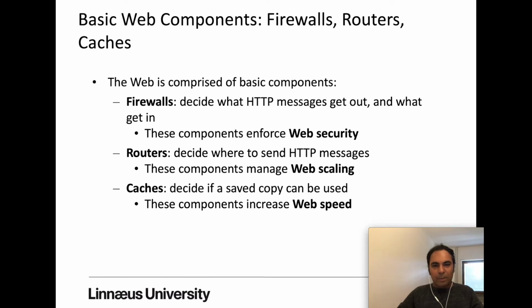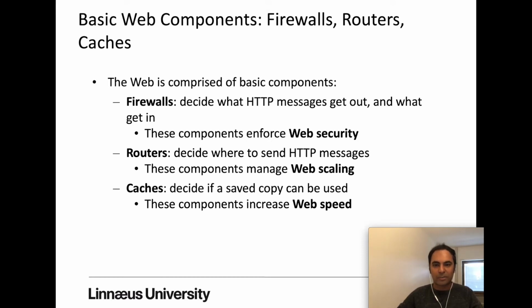In web applications, or in the web world, there are three basic components: firewalls, routers and caches. What a firewall does is decide which message, if I think about it as an HTTP message, which HTTP message will be accepted and will be sent both from and to your browsers and the application server.